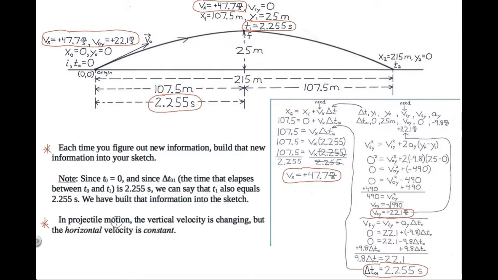In projectile motion, the vertical velocity is changing, but the horizontal velocity is constant. So, we can also build our result for v sub x into the sketch at time t sub 1, like so.